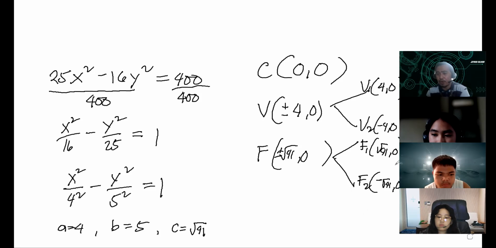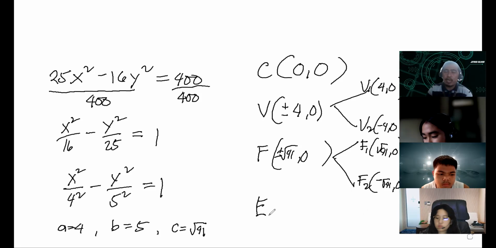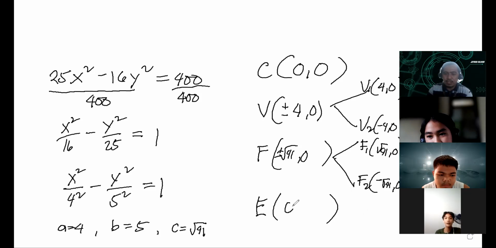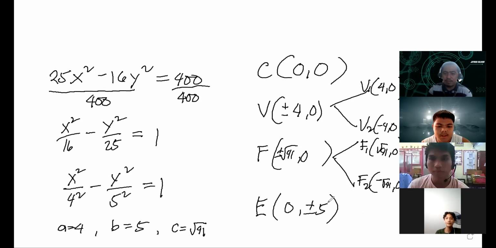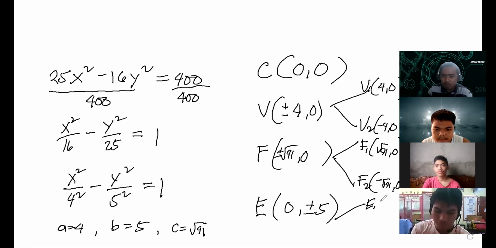How about the extremities or endpoints of your conjugate axis? Plus or minus 5, sir. Very good. So extremity 1 will be (0, 5) and extremity 2 will be (0, negative 5).